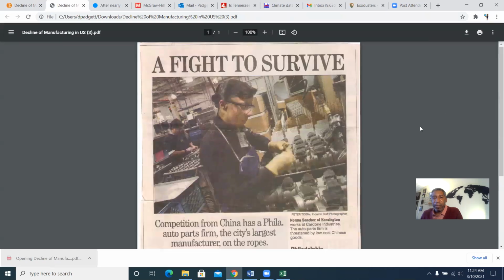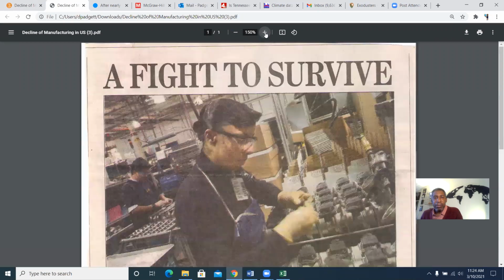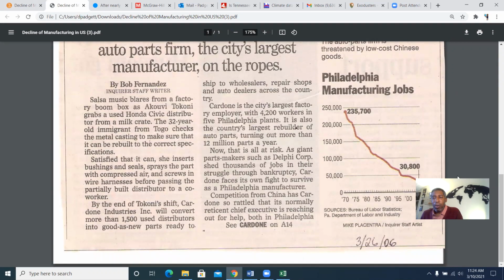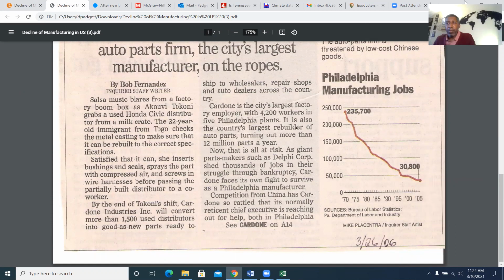And on Monday, I shared with you this article that showed how, as the rest of the world recovered from the Second World War, places like China and India and Japan and Korea and other places in the world started to build their manufacturing strength.